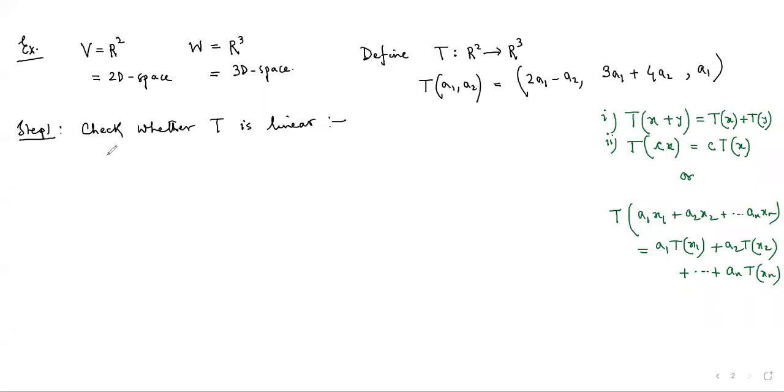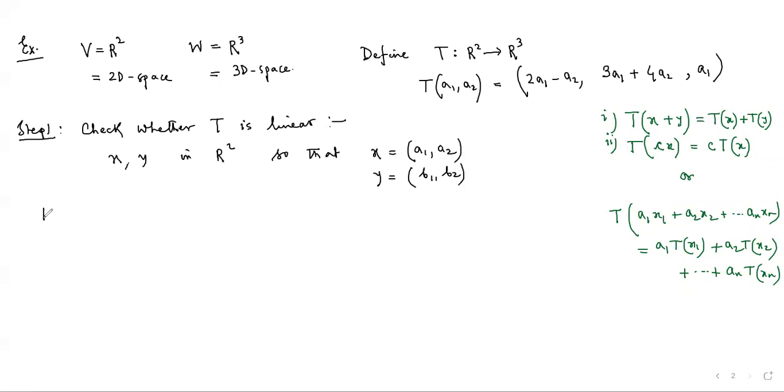The first one, say. Okay, first one is very easy. I am considering two elements x and y in R2 so that x is of the form (a1, a2), y is of the form (b1, b2).